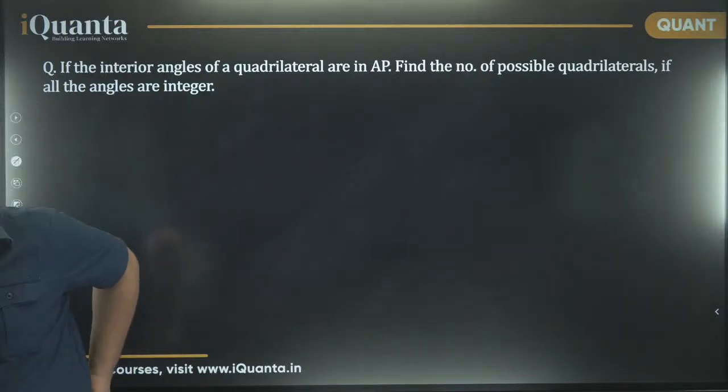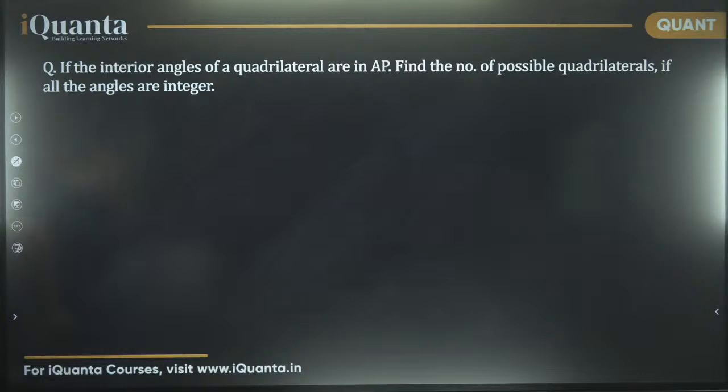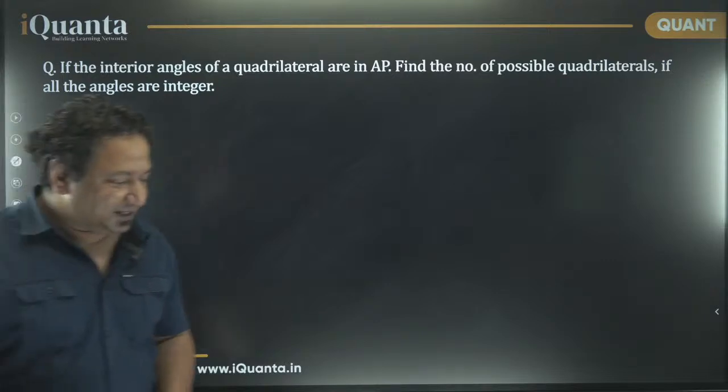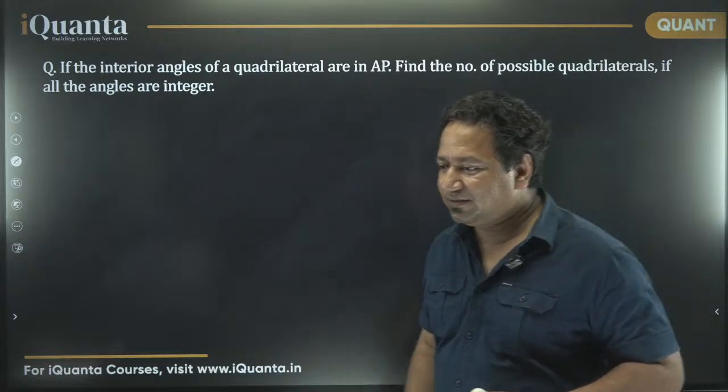Yeah, Abhinav, it's a good question. It involves a lot of things. If the interior angles of a quadrilateral are in AP, find the number of possible quadrilaterals if the angles are integers. See, it's a blend of geometry and algebra, isn't it, in this question?